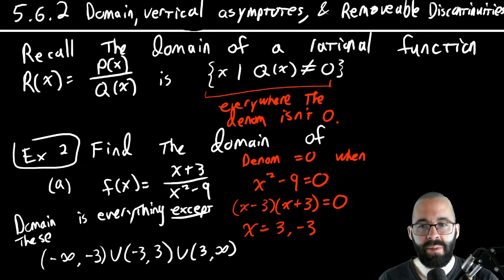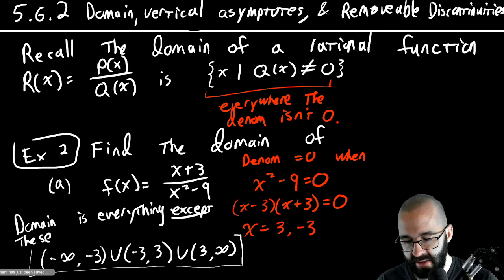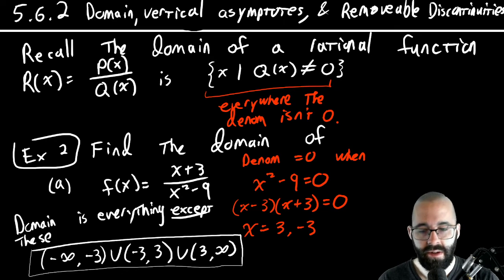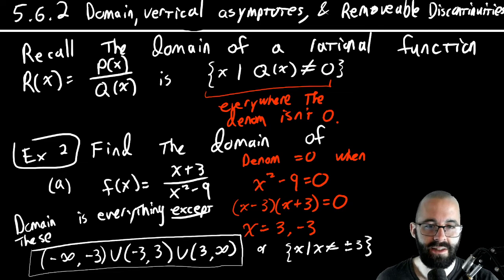Literally everything except negative 3 and positive 3. That's why I have parentheses. Parentheses because 3 and negative 3 aren't included. Or you could write it as the set of all x such that x is not equal to positive or negative 3, which I think is a little easier to write.